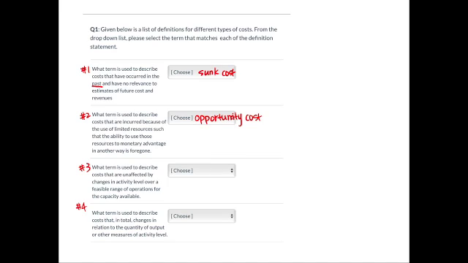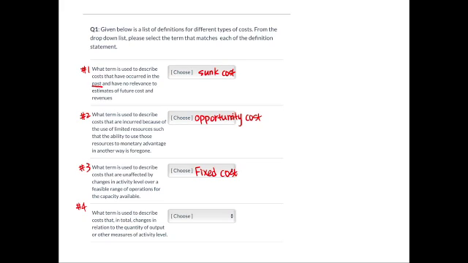Okay, so think about that for another 5 seconds. 1 Mississippi, 2 Mississippi, 3 Mississippi, 4 Mississippi, 5 Mississippi. So my answer will be the fixed cost, because it doesn't change no matter what your production activity is.